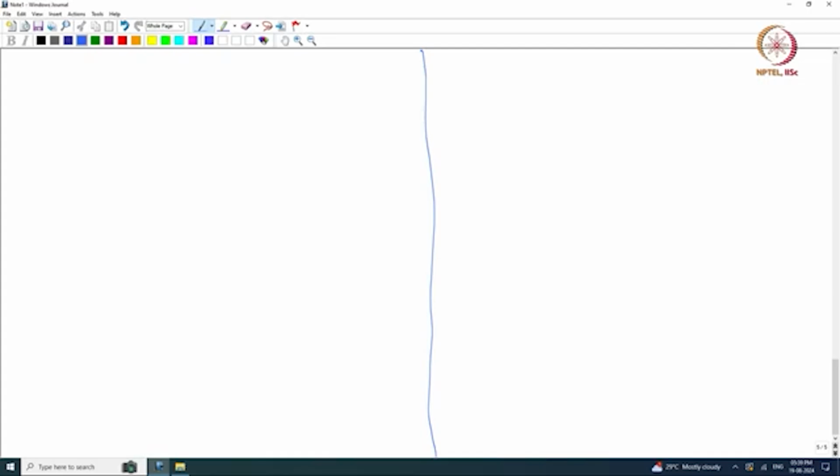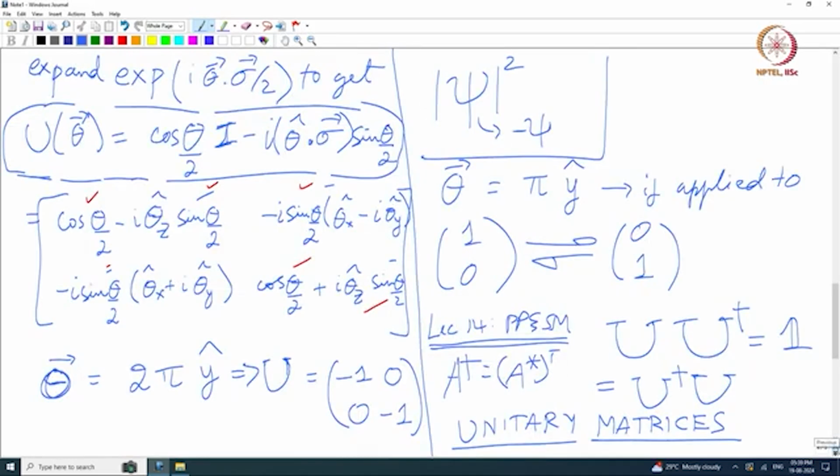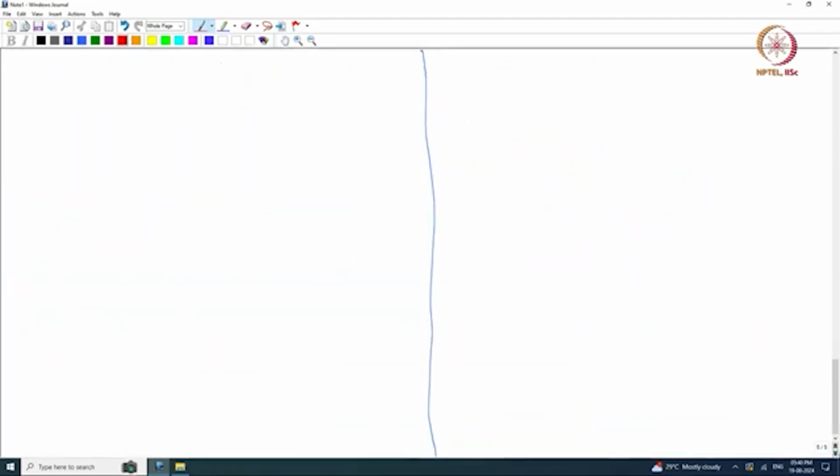And here is one more thing about this particular unitary matrix. You can see this from either this form or from this form, but I again encourage you to pause the video and work this out. What is the determinant of the U matrix?